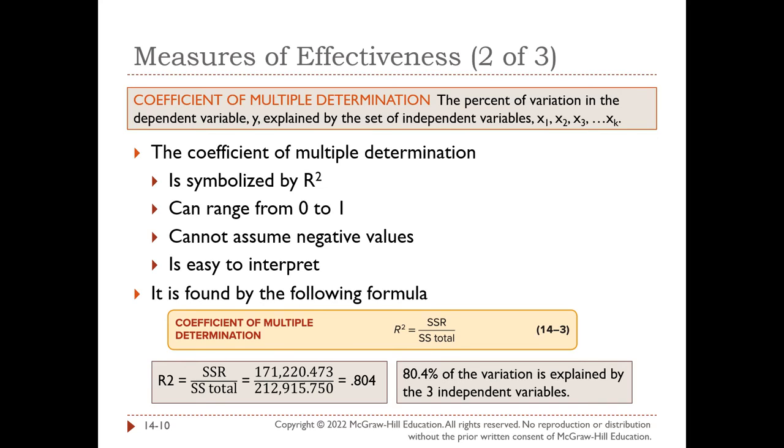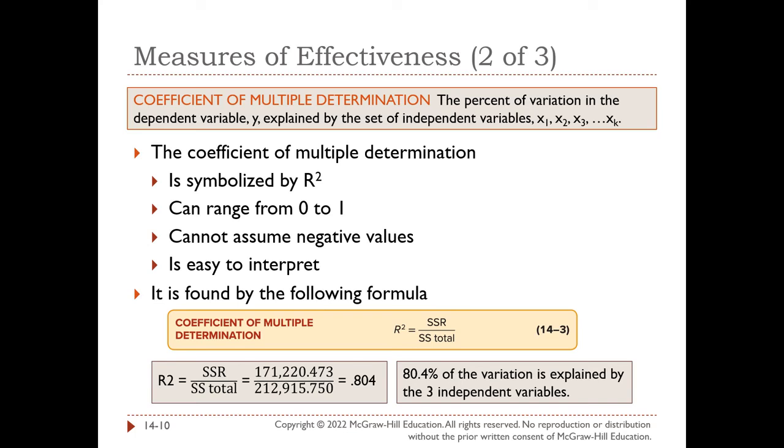Next, measure of effectiveness, coefficient of multiple determination. Yes, we're still determined. So, percent of variation in the dependent variable y explained by the set of independent variables. Again, the coefficient of multiple determination is symbolized by R squared, capital R squared now, not lowercase like in chapter 13.